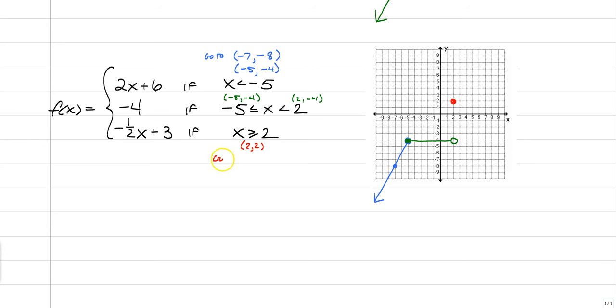Now we need a go-to point, so pick any number that is greater than 2, but you might want to keep it even since we're going to need to multiply it by a -1/2, so we'll call it 6. So -1/2 of 6 is a -3 plus 3 is 0. So we're going to go to 6, 0. And again, that is our go-to point.